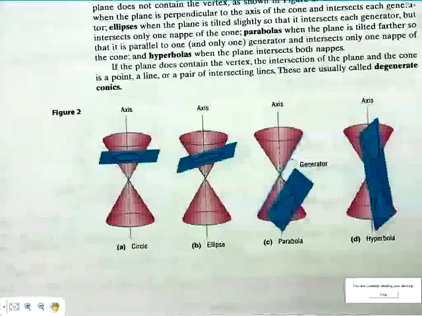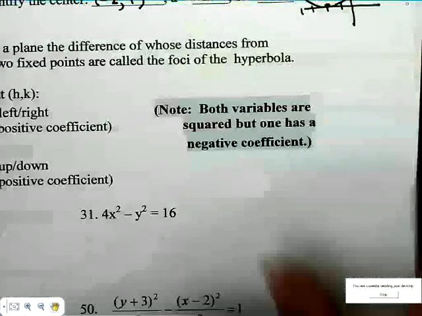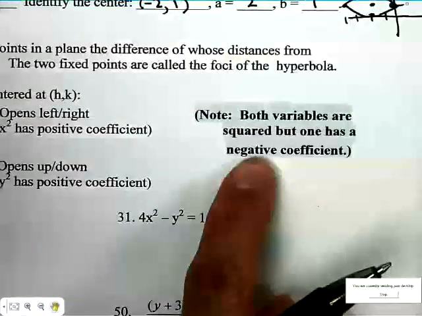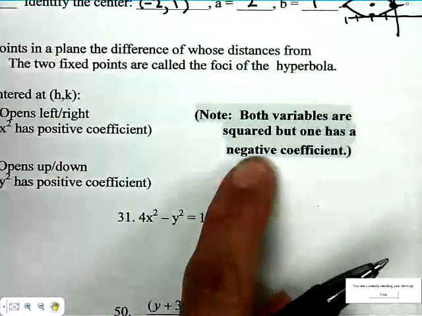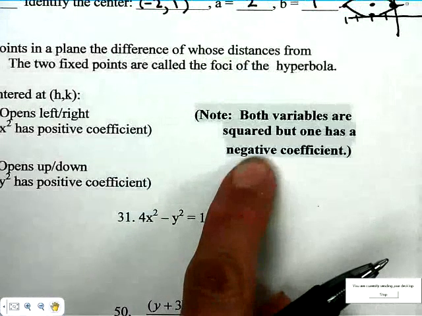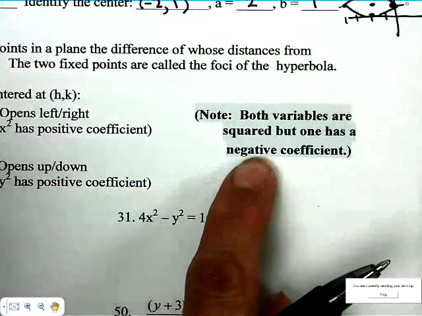All right, what do you really have to know? You have to know how to recognize a hyperbola, and you recognize them because, like circles and ellipses, both variables are squared. But if one of the variables has a negative coefficient, then it's a hyperbola.